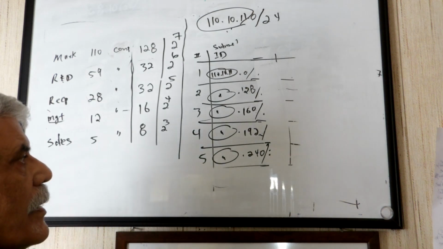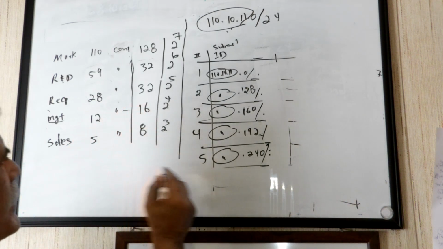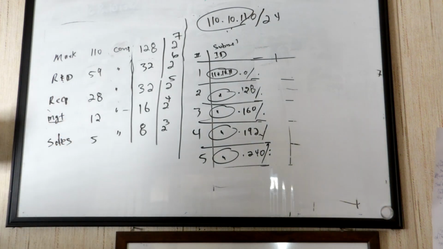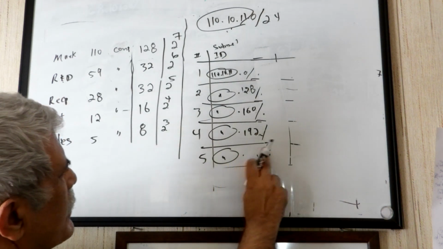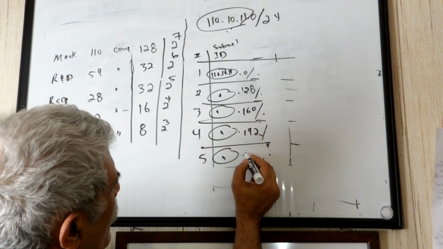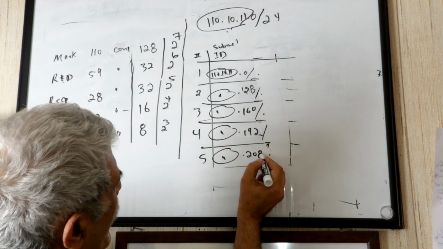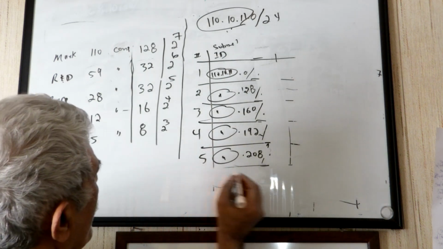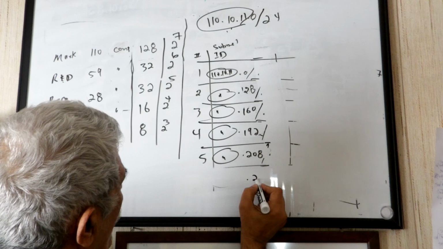And then you have 16. 16 plus this one is going to be 208, I think. Yeah. And then another 8, 216.